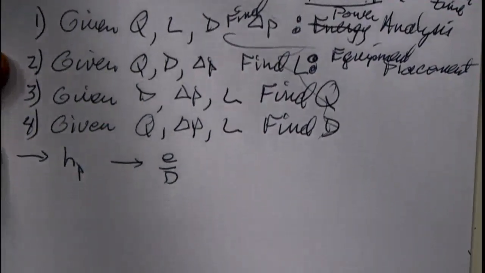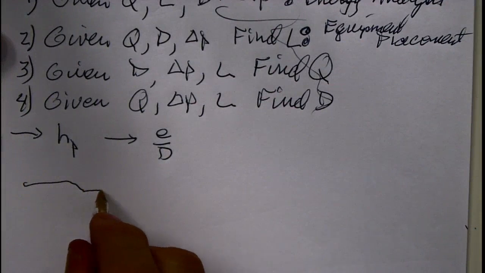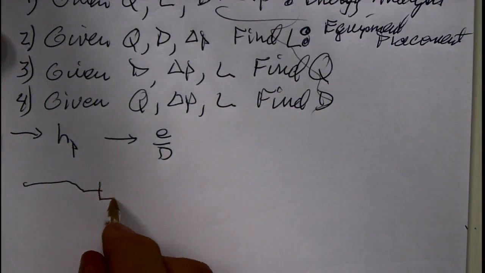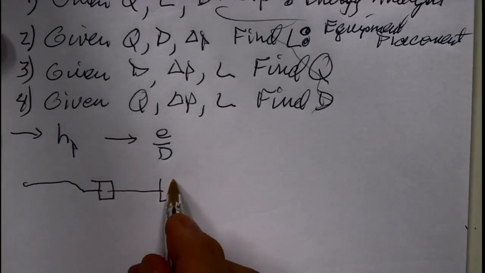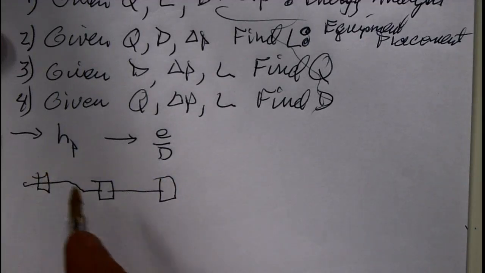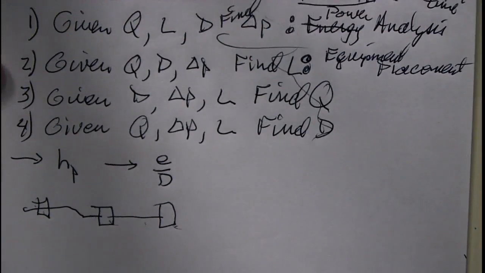An example would be the Alaska pipeline. Every few miles or so, they have a pumping station, and the question is, how far apart should these pumping stations be? That would be an example of equipment placement, calculating the conditions of flow.